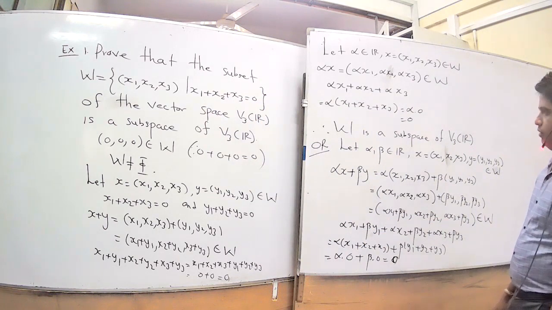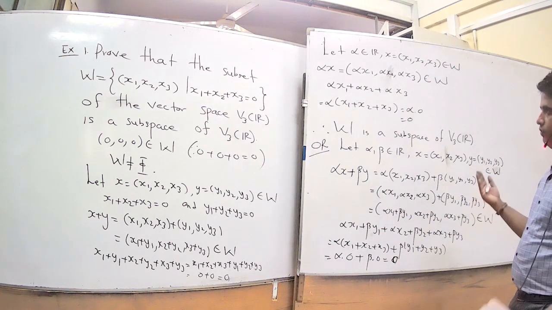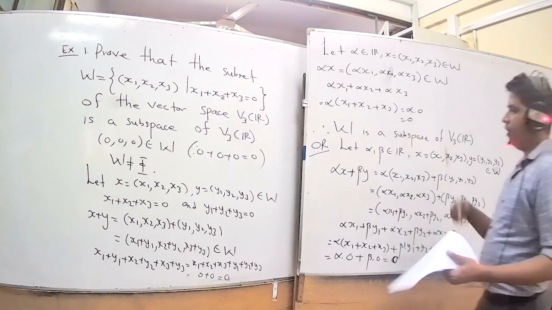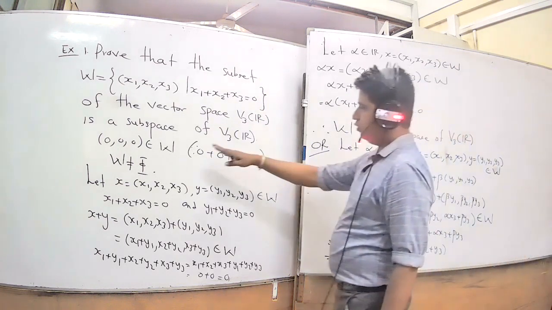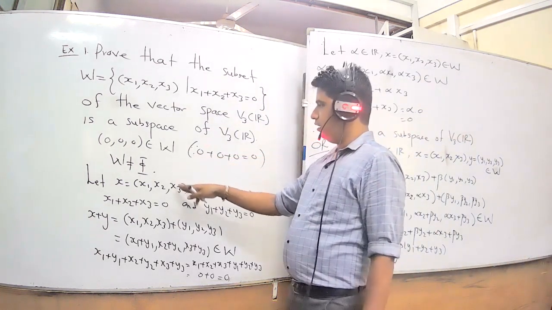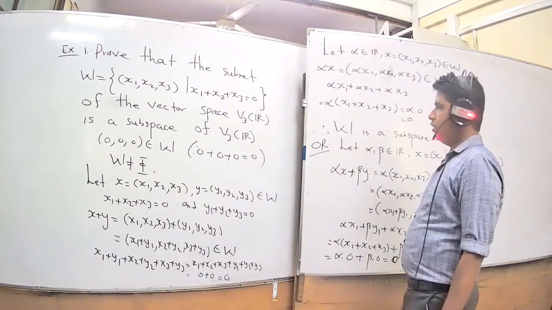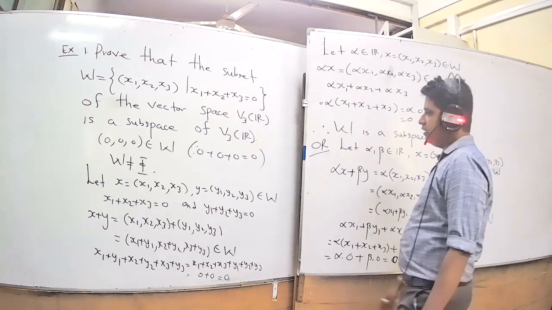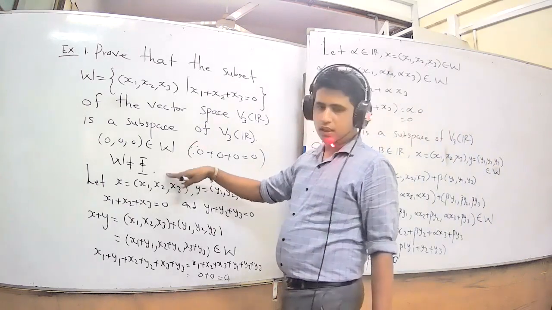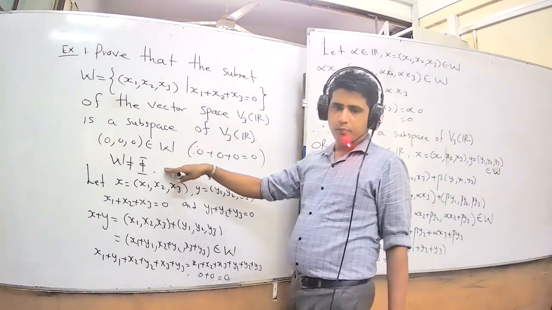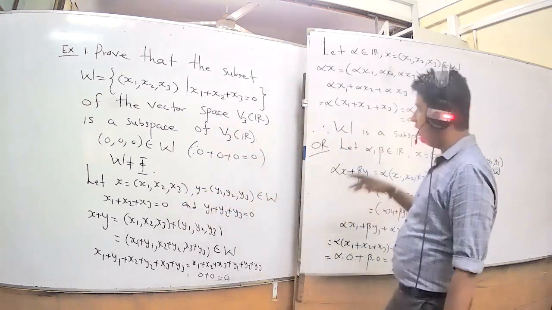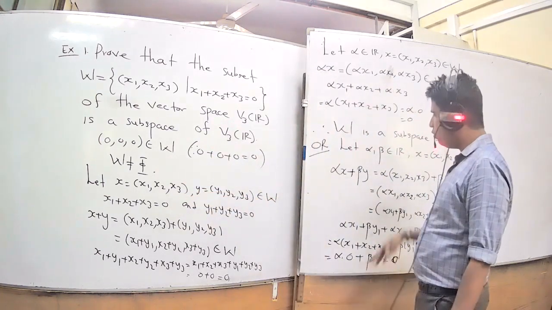Okay, right? Suppose they asked to show that this is a subspace. One of the methods is this one. First you show that it is a non-empty set and these two conditions. Or otherwise you can do like this. You want to show that this non-empty set is a common case. Then for the second and third part, we can do this method.